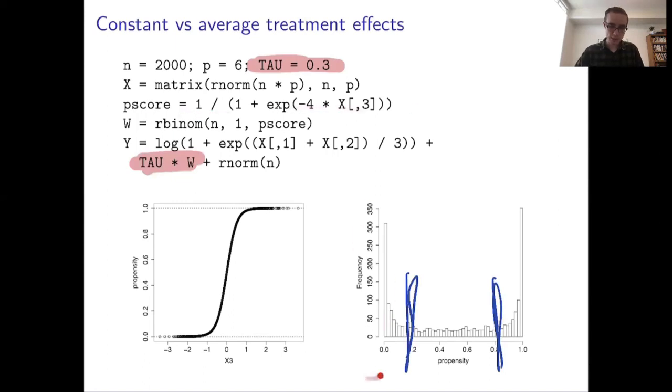There's one group of units for whom the propensity score is very small. Most of these people receive control. There's some region of feature space where most people get treated. The propensity scores are close to 1. And here's this in-between zone where propensity scores are far from both 0 and 1. This is a region with good overlap. This is the type of data we like for estimating treatment effects.